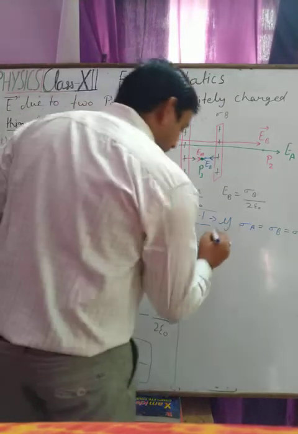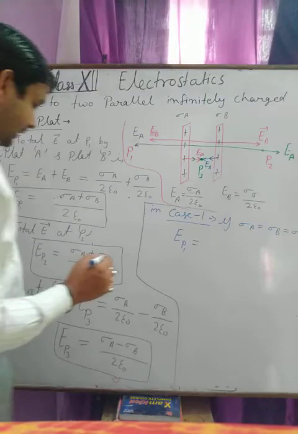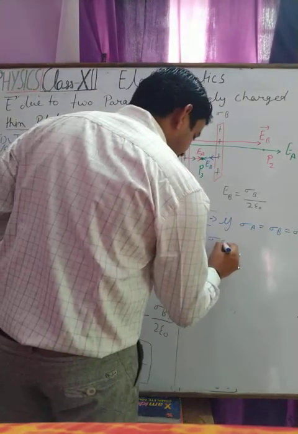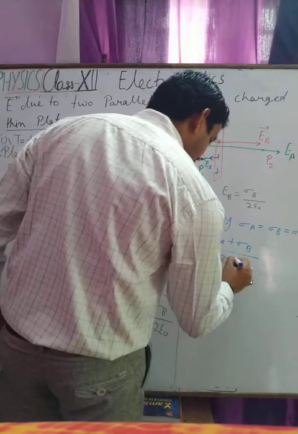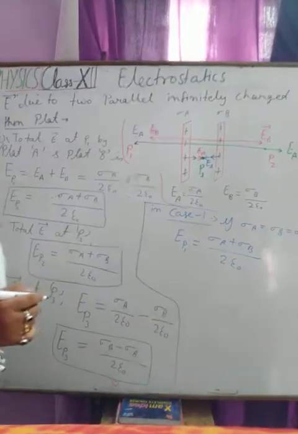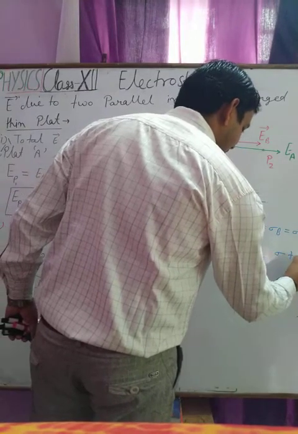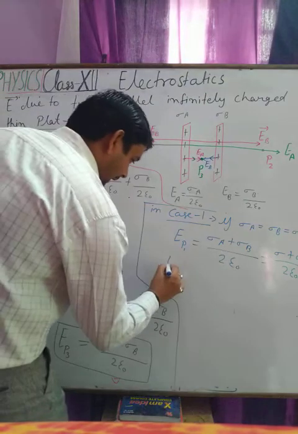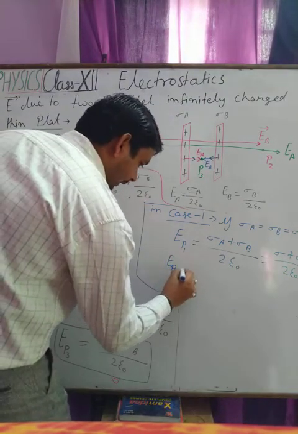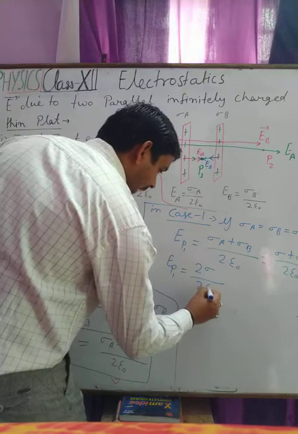At P1, what we get, sigma A and sigma B is this, and we have the result sigma A plus sigma B upon 2 epsilon naught. It is clear, student? Now what we get? Sigma plus sigma upon 2 epsilon naught, and 2 sigmas add up, and we are getting the result 2 sigma upon 2 epsilon naught.